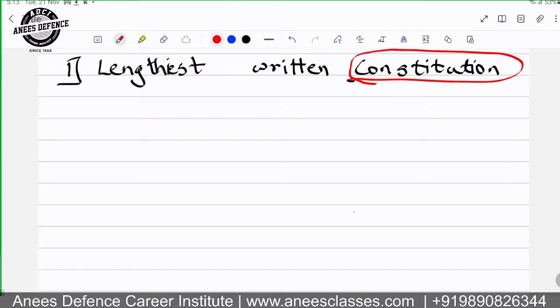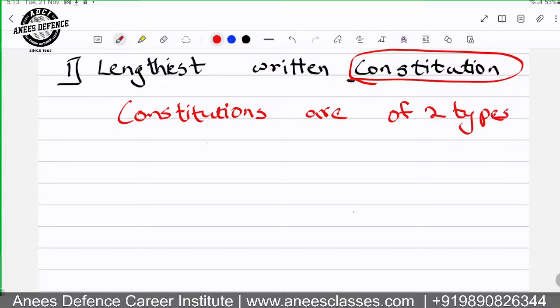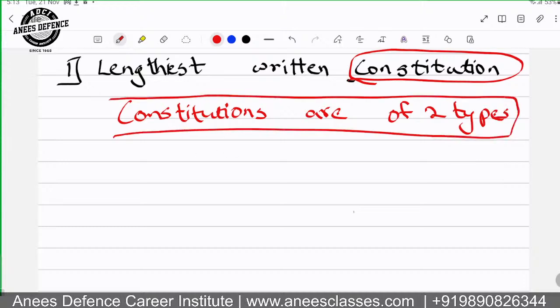Basically, constitutions are of two types: written and unwritten.